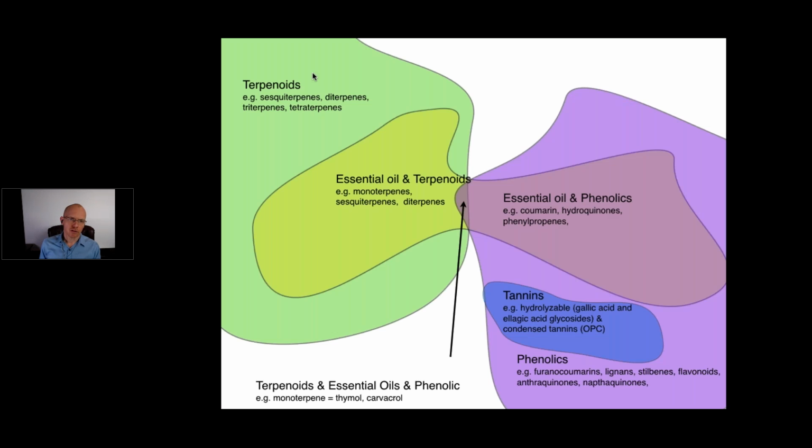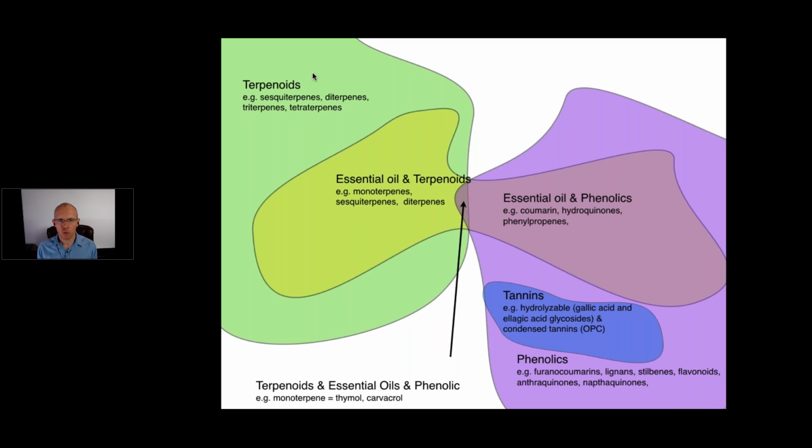So to give you an example of this, in green are the terpenoids. This is based on how they're made by the plant, the synthetic pathway. Then you've got the phenolic compounds in purple on the right. That describes compounds based on whether they have a phenolic, basically a phenol group in it. And then that center bubble there refers to the essential oils, and these can be obtained by steam distillation.